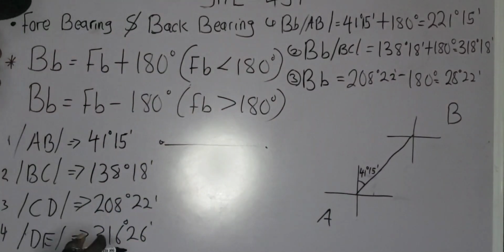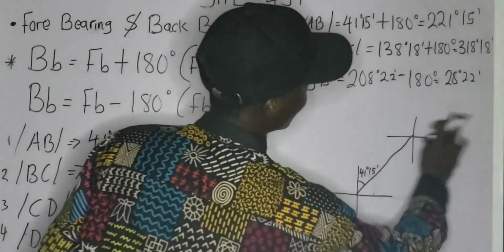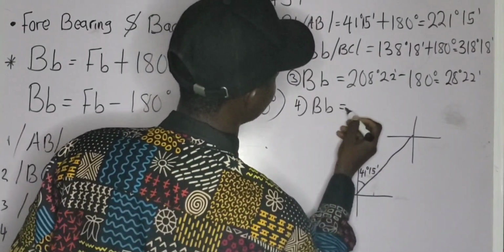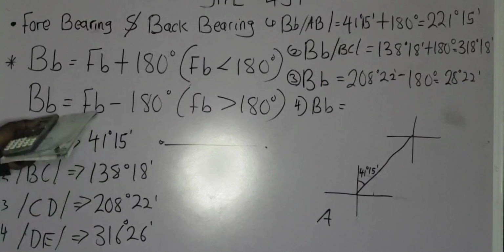Now, let us proceed to the third one, which is for the back bearing of line DE. Now, 316 degrees and 26 minutes is greater than 180 degrees. So, we are going to use the second formula.